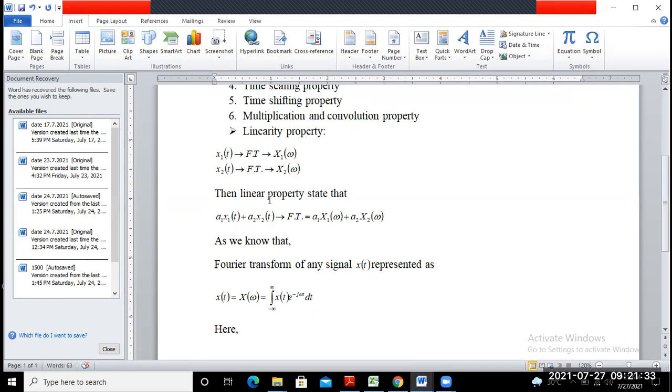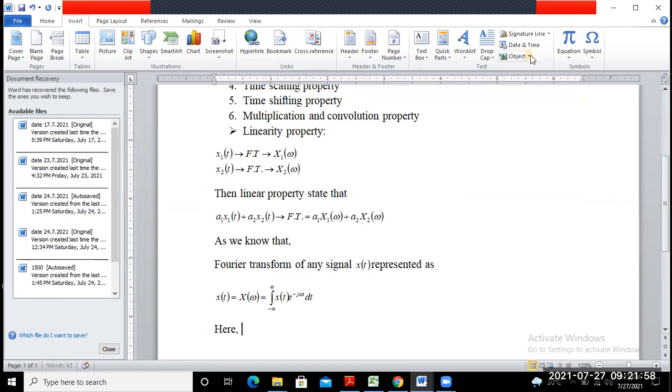We want to prove this property, that is the linearity property. So we consider x(t) equal to a1 x1(t) plus a2 x2(t), then find the Fourier transform.